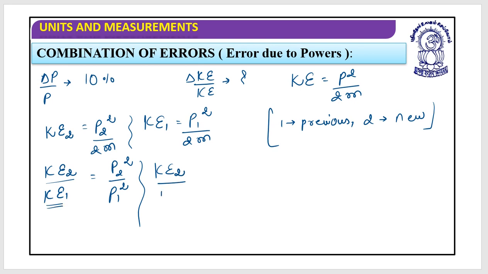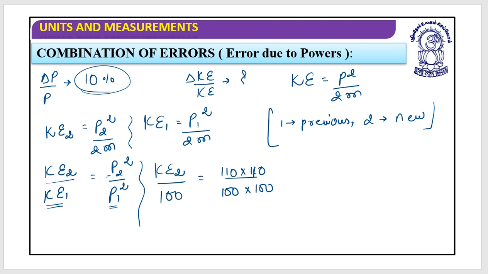Previous kinetic energy is 100. Previous momentum is 100 into 100. And new momentum, as they have said that momentum has increased by 10 percentage, so if the base is 100, a 10 percentage increment on the base would be 110. So this is 110 into 110.